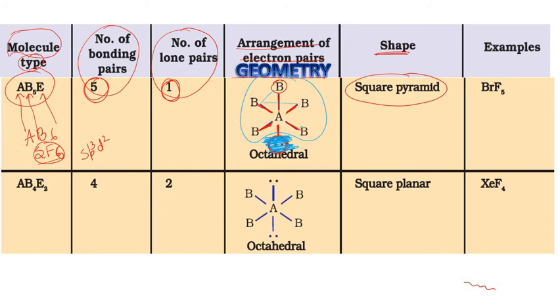I hope you are able to follow this. Is it clear, students? And the example for the molecule type AB5E, that is 5 bond pairs and 1 lone pair, is BrF5.